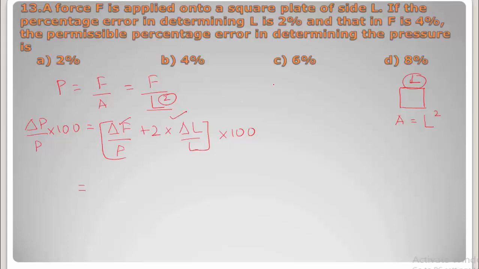The percentage error in F is 4 and in length is 2. So delta F by F into 100 is 4, plus 2 into delta L by L into 100, which is 2, so 2 into 2. Simplify, you will get the answer 8%. Okay, so the answer is option D.